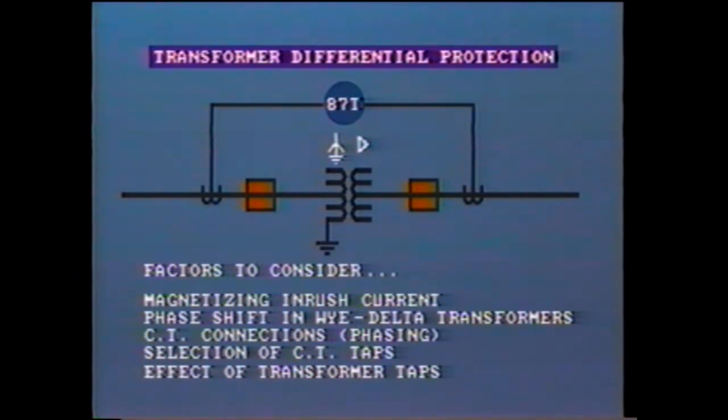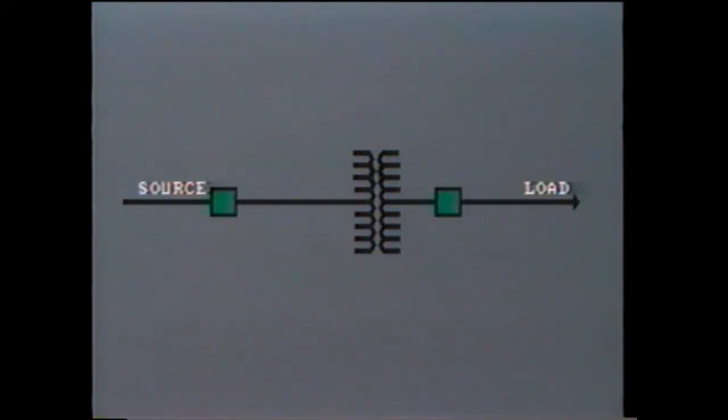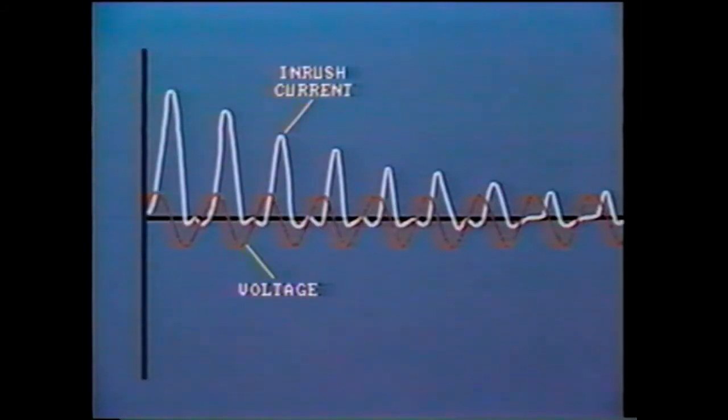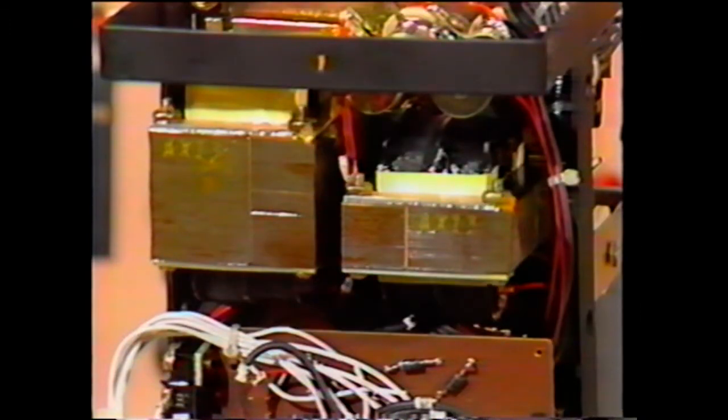taps. As we pointed out in an earlier tape, inrush current is due to the initial energizing of the transformer. The large inrush current is high in second harmonics, and this factor is used to provide harmonic restraint to differential relays, which are used for transformer protection. The harmonic restraint unit filters out the second harmonic and uses it to restrain operation of the relay.